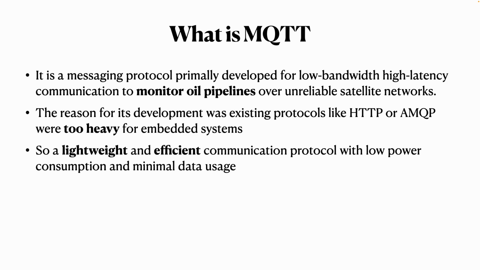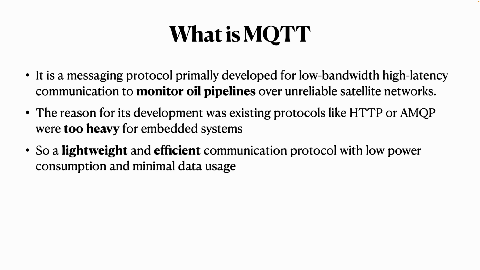MQTT is basically a messaging protocol primarily developed for low bandwidth, high latency communications, to monitor oil pipelines over unreliable satellite networks. The reason it was developed is because traditional protocols like HTTP or AMQP were too heavy for embedded systems.